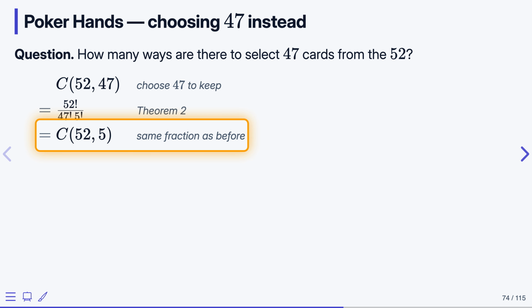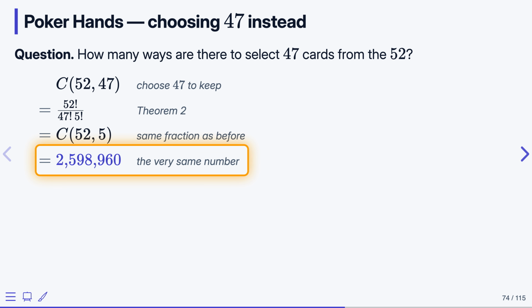It is the same fraction as before with the two bottom factors swapped, so it equals C(52, 5). Line 4. The same number, 2,598,960. There is a plain reason. Choosing 47 cards to keep is exactly the same act as choosing 5 cards to leave behind. The next slide makes that a rule.